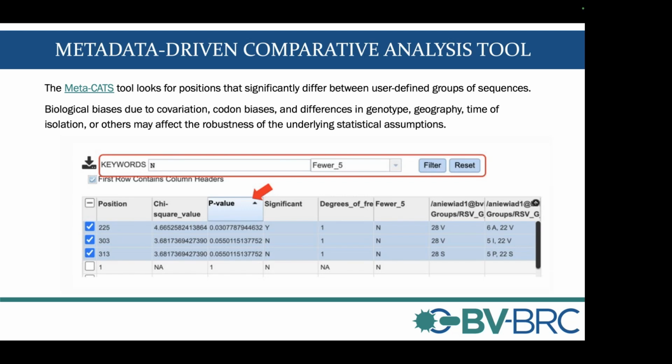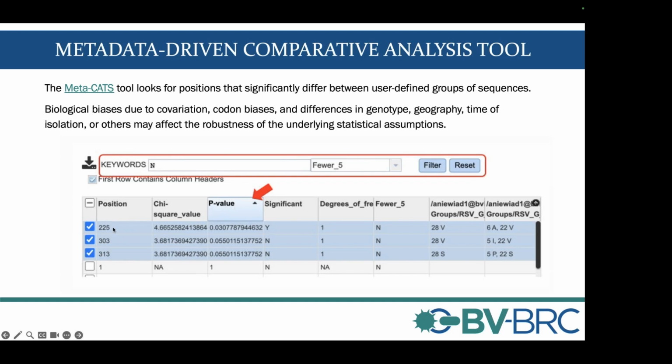Those things can all affect the underlying statistical assumptions, but basically you'll have two groups, two or more groups, and then seeing if there are any statistically significant changes in position between those groups.